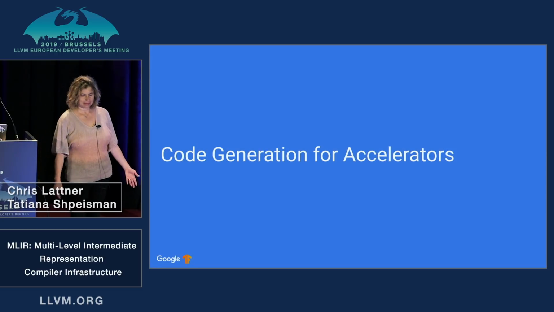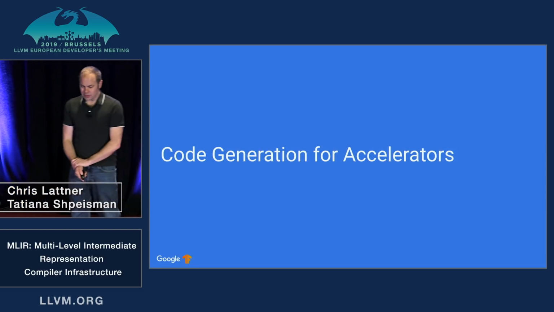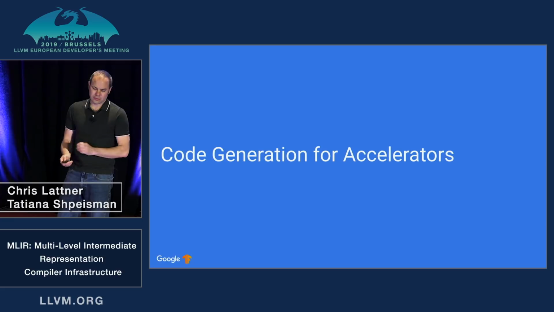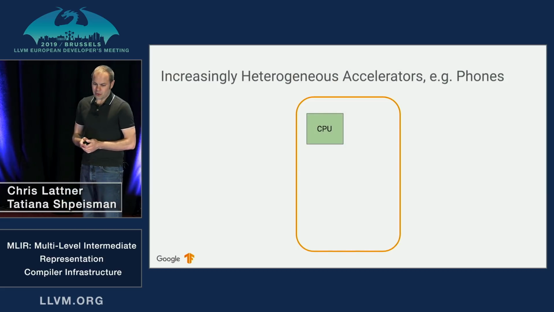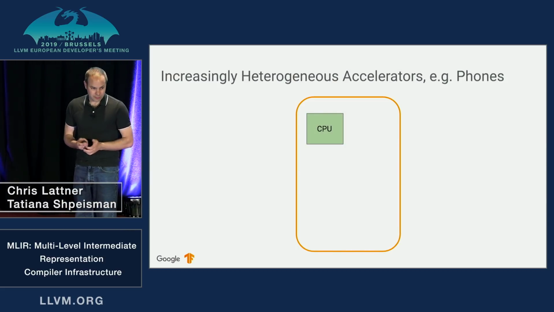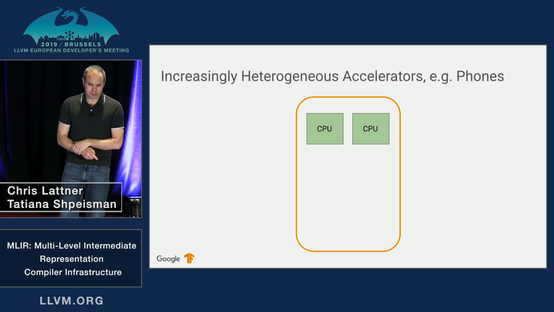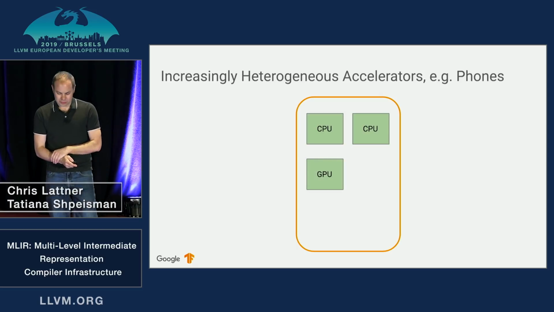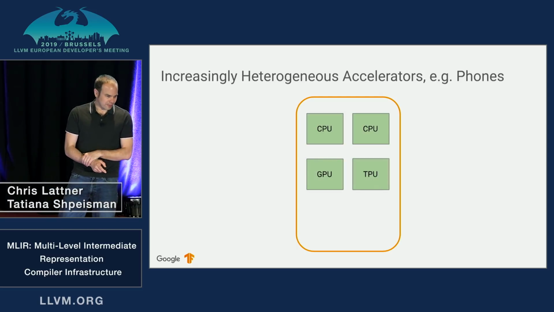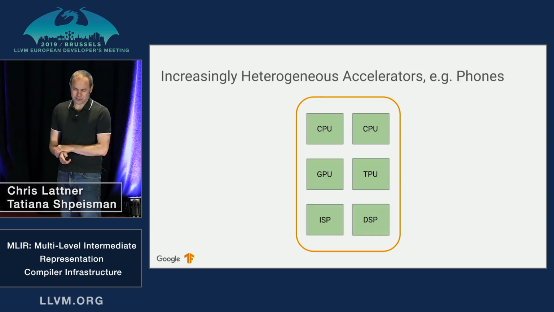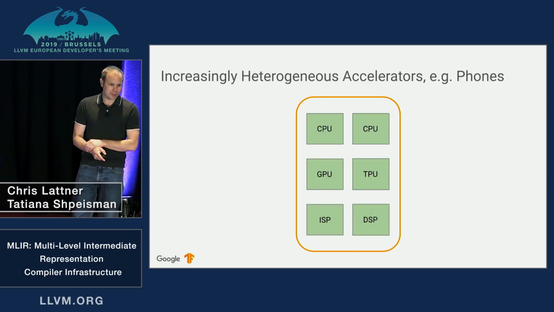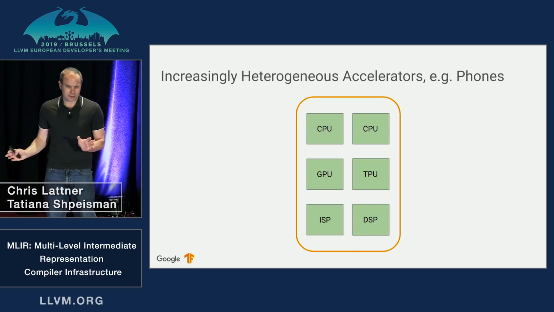Yep. So let's talk about code generation, accelerators, and how this all works. If you look at a modern device, for example, a cell phone, it's already completely heterogeneous. You may have multiple CPUs on your phone. You certainly have a GPU. You probably have an inference accelerator if your phone's new enough. You certainly have an ISP for video and JPEG decode, and DSPs and lots of other stuff.